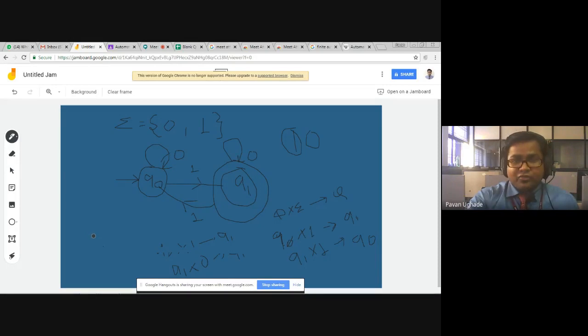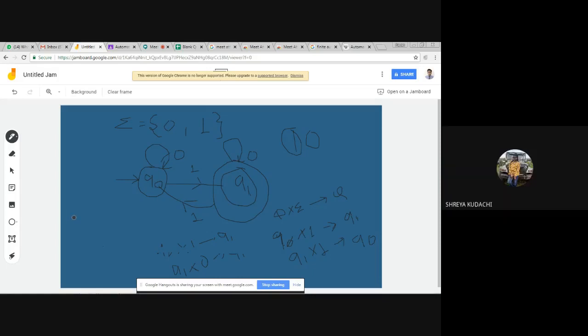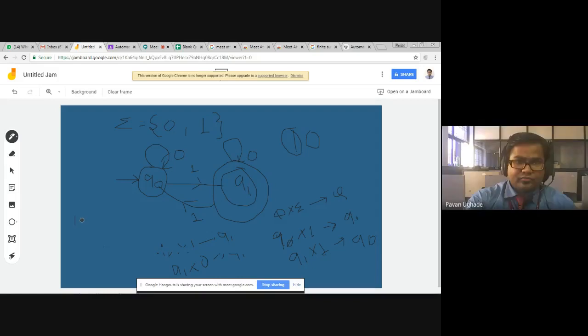Odd number of ones, however big a string you like. 111. Say 0101. Is it fine? How many ones are here? 5. Whether it should be accepted as per the problem statement we have made, right?